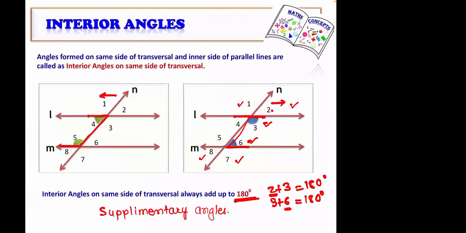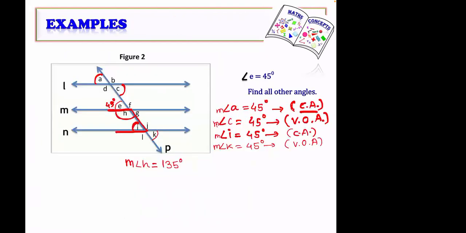Similarly, here H and I would add up to 180 degrees. We know I is 45 degrees, which means H will be 180 minus 45, which gives us 135 degrees. That's why we got H as 135 degrees. Now J is the alternate angle of H.